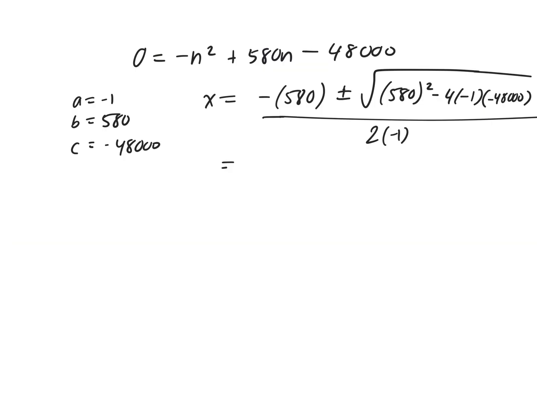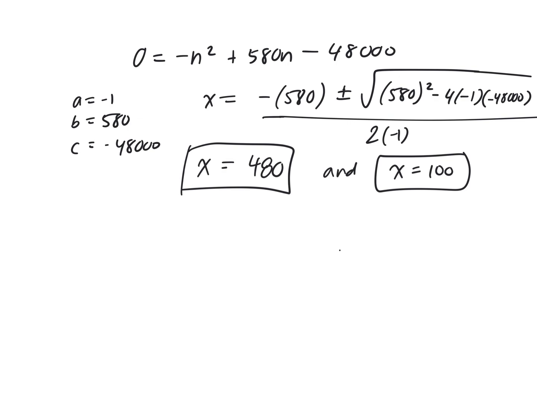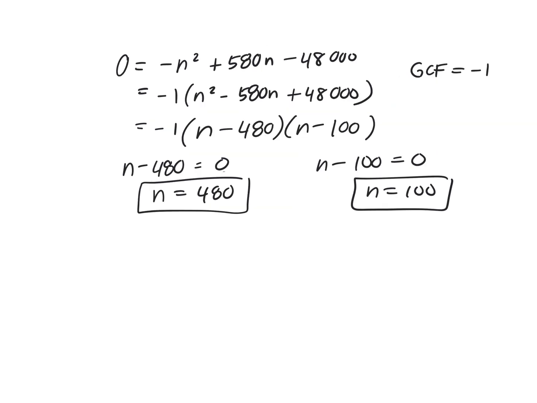You just found, whether you use quadratic formula or factoring, you should get two answers. N is equal to 480 and N is equal to 100. I'm not going to go through the steps of quadratic formula. If you chose to factor here, first thing you would do is find the greatest common factor because it starts with a -1. Divide everything by -1. And then I have a trinomial, right?